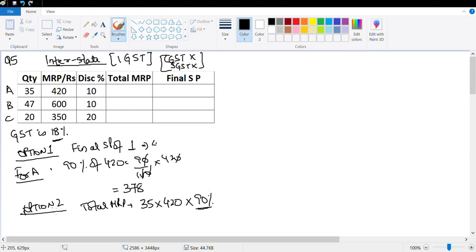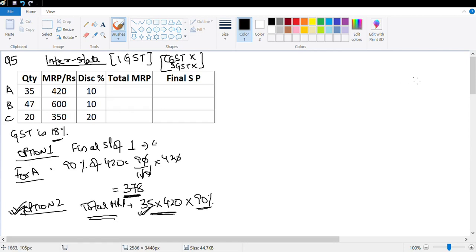I would prefer option 2 because multiplying with these numbers becomes slightly more difficult, while this is 5 and 0, so it will be easier to multiply. So I will always prefer option 2, which is I calculate total MRP and then use the discount. You are welcome to use whichever method, but I personally prefer the second method. So let's look at this. That's 35 into 420.